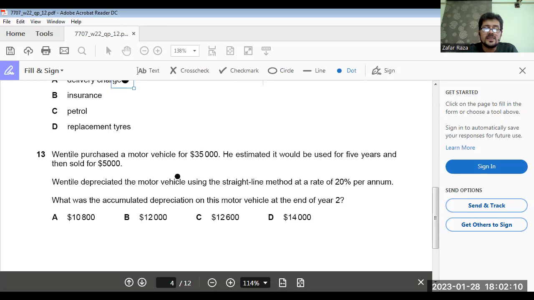So in that case, we use the formula: 35,000 minus 5,000, depreciable cost 30,000, divided by 5. So annual depreciation is 6,000. Two years depreciation means 12,000 because straight line has the same amount of depreciation every year.